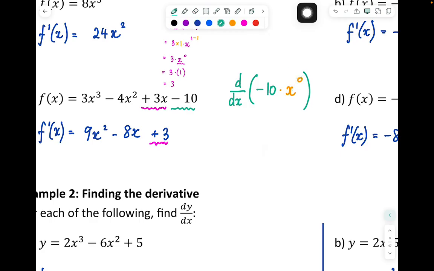So if we apply the same rules here, take the power, multiply it by the coefficient, and then you can subtract the power by 1 if you wish to. But because 0 times anything is 0, your final answer is 0 anyway.